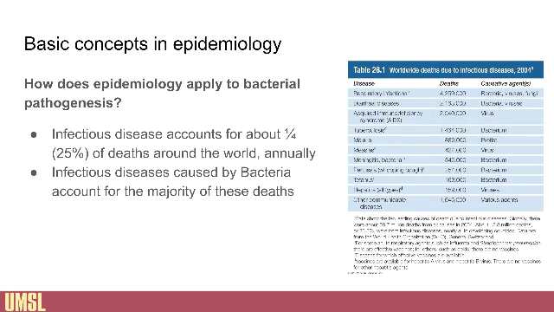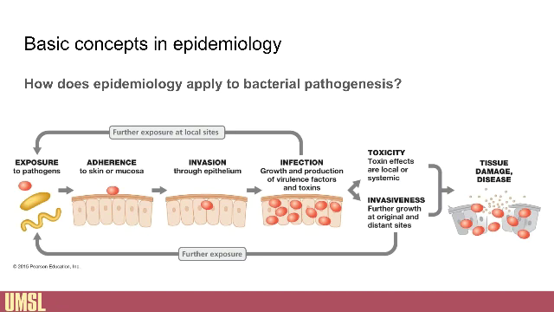This accounts for the majority of deaths associated with infectious disease. And so why our Center for Disease Control and Prevention spends millions and millions of dollars a year surveying and tracking bacterial pathogens is because they're one of the chief mechanisms for our demise.